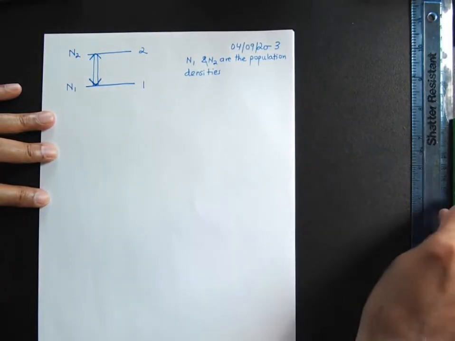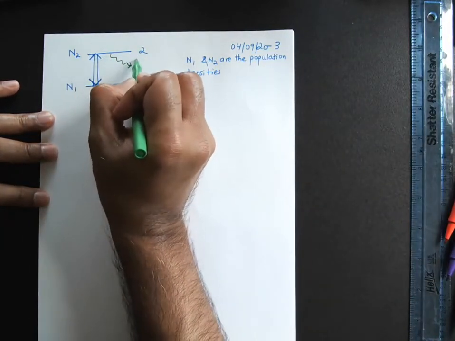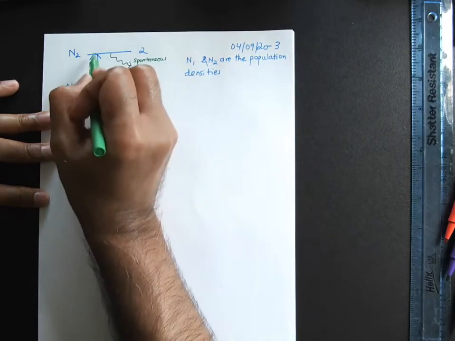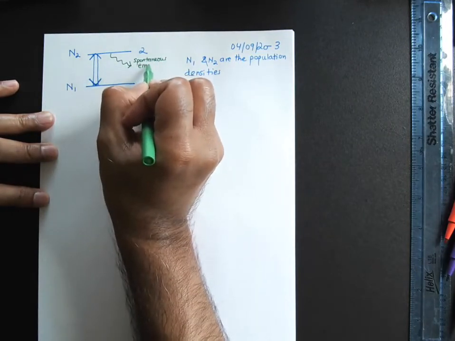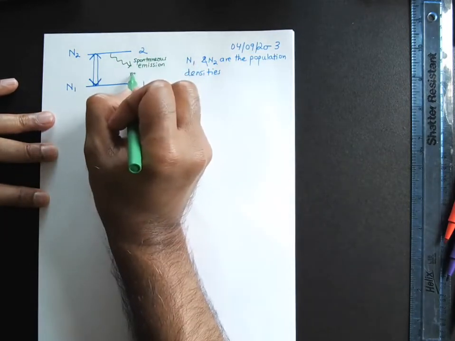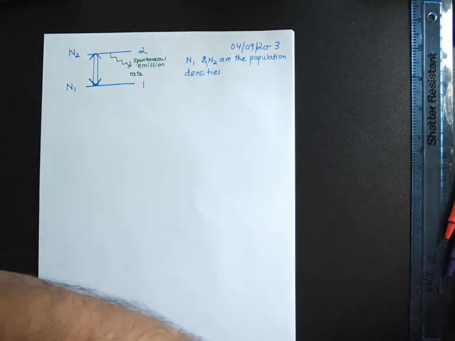Let's also include the spontaneous emission, because in addition to the stimulated emission, you also have spontaneous emission. Now, previously, when I was setting up the cartoon model, remember this?